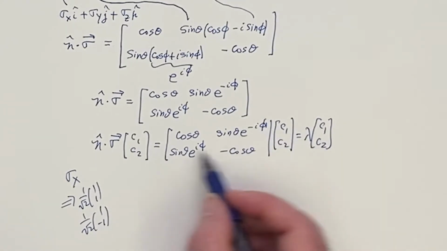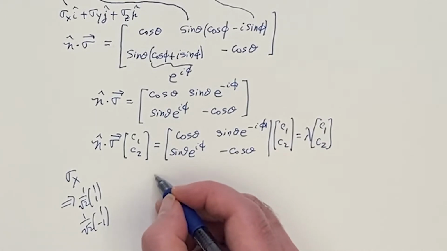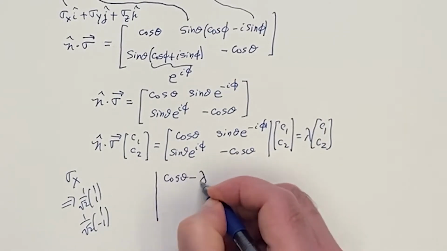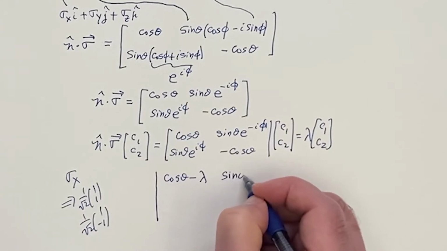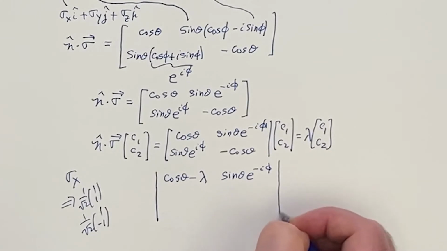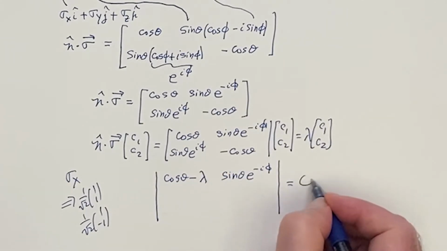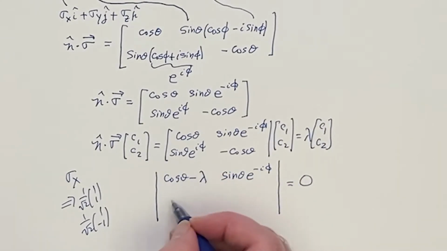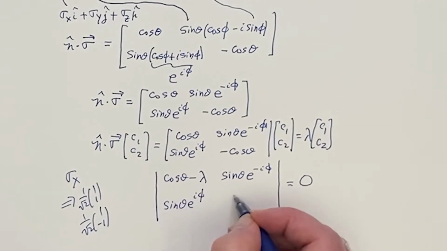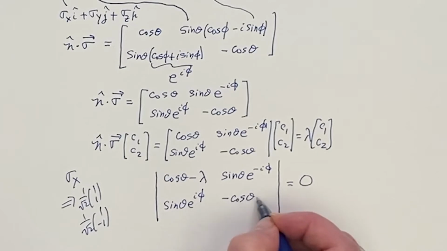Okay, so now remember the trick? What we do is we take the determinant, we have the cosine of theta, we put a minus lambda there. The determinant here, we subtract, remember we go ahead and subtract this, and we did this before, we had the minus lambda here along the diagonal. And here you would have a minus lambda.